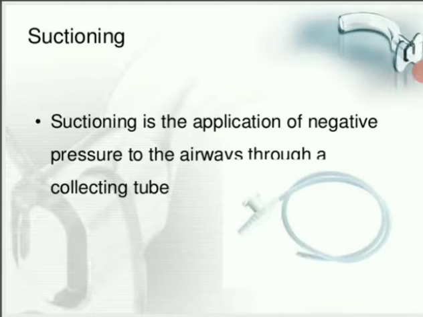This suctioning is used when the patient is able to cough effectively but is unable to clear secretions by expectorating or swallowing, and the person may not be able to swallow. Coughing is very difficult, and while coughing no secretions come out because there is an obstruction in the airway.